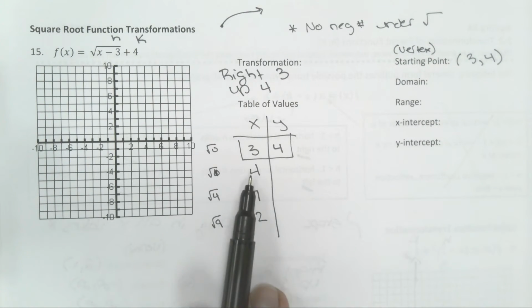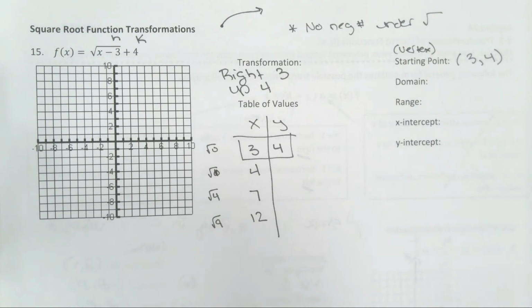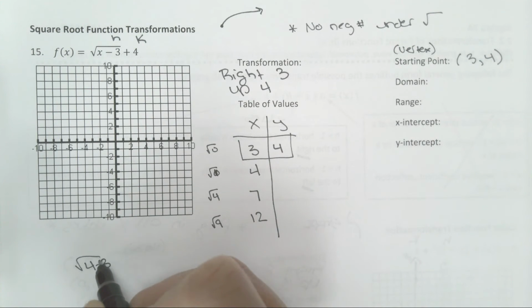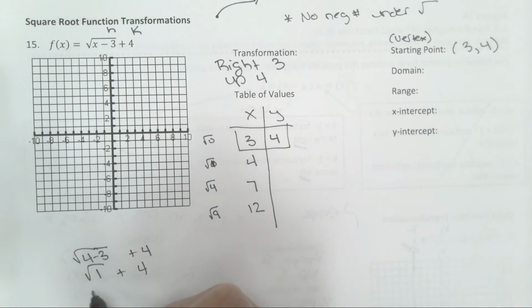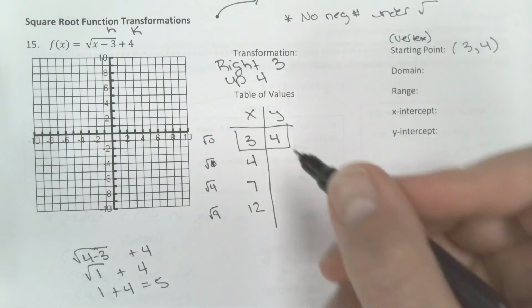All right, so I'm going to plug these values into my function. So I have the square root of 4 minus 3 plus 4. 4 minus 3 is 1. The square root of 1 is 1. Plus 4 equals 5.